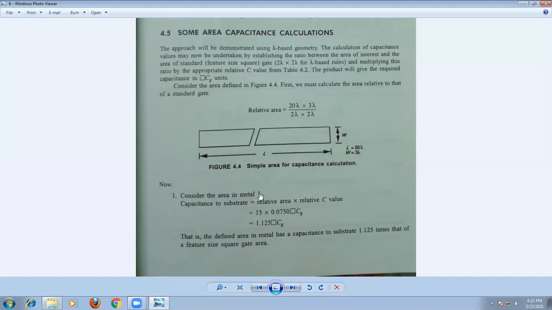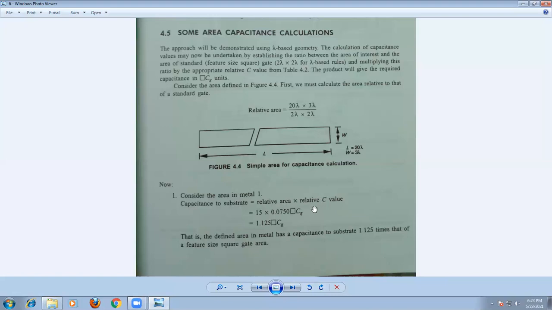The capacitance to substrate indicates poly to substrate capacitance, which you have to consider from the table. Remember, polysilicon to substrate capacitance: the capacitance to substrate is nothing but the relative area into the relative C value from the table for the poly.